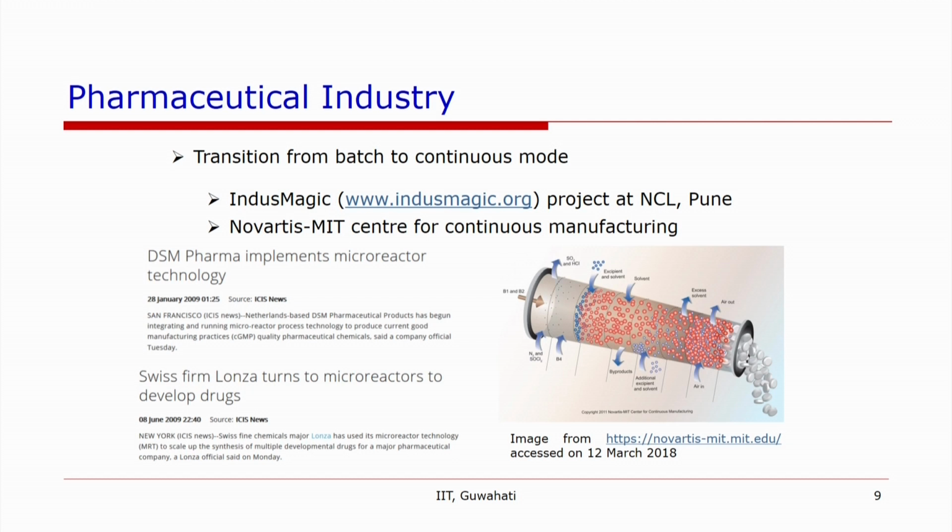Now, one of the applications of chemical microprocessing is in the pharmaceutical industry, where in general the trend is to have batch reactors. What I mean by a batch reactor is that all the reactants are mixed in a vessel or in the reactor, and then the reaction happens.